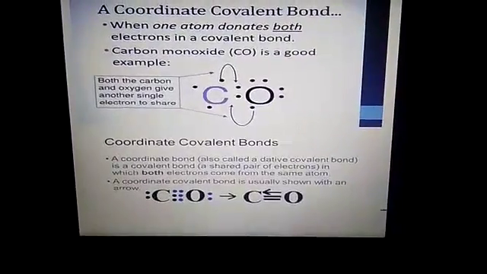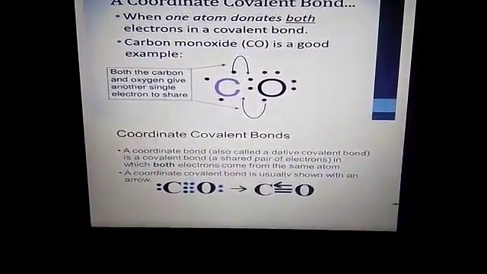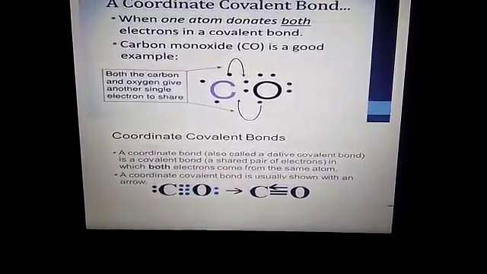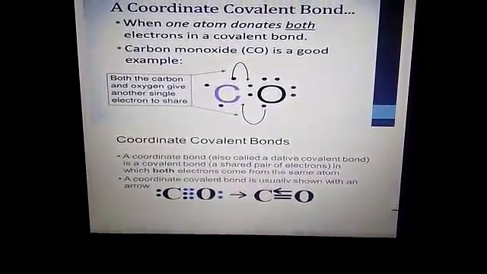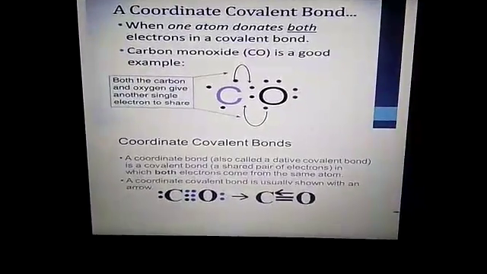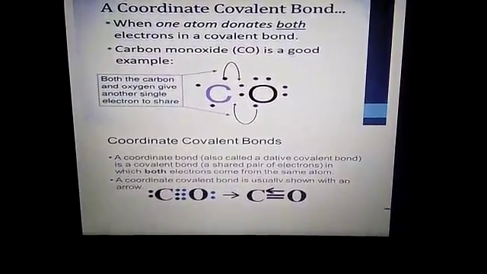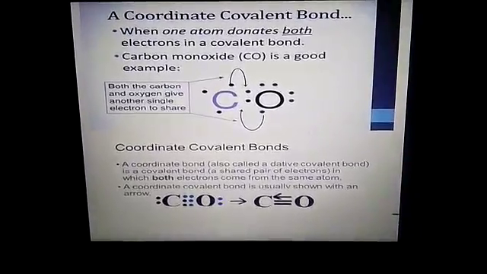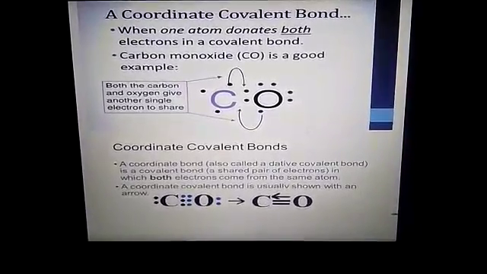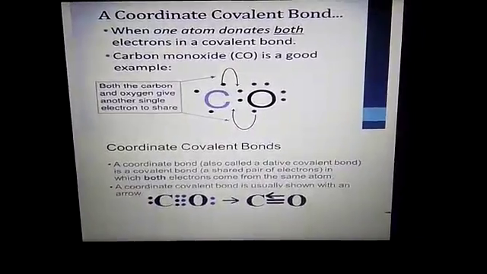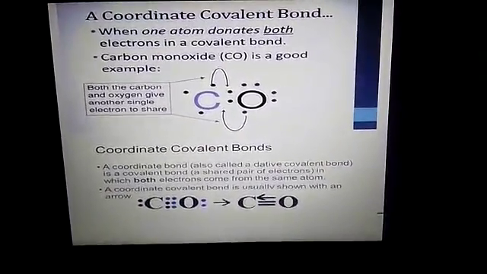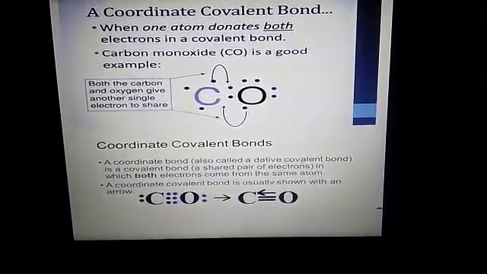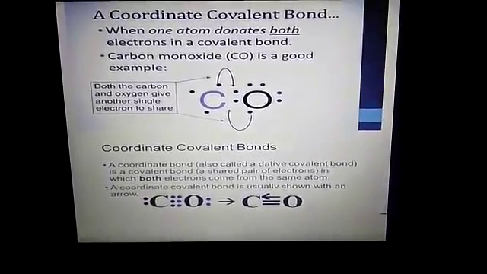Next is the coordinate covalent bond. In a coordinate covalent bond, one atom donates both the electrons in the covalent bond.